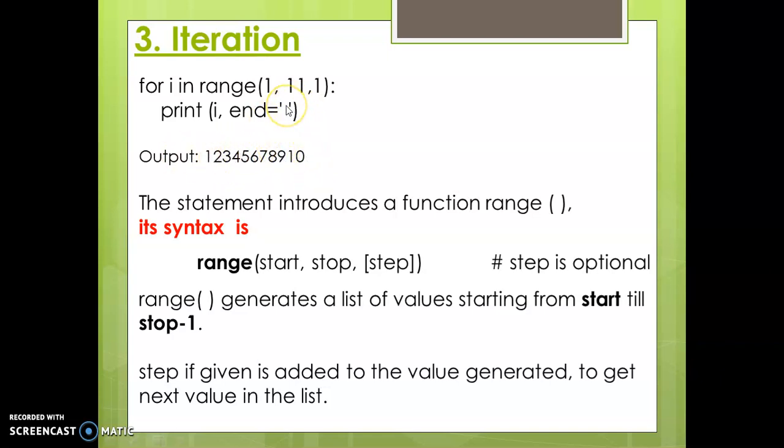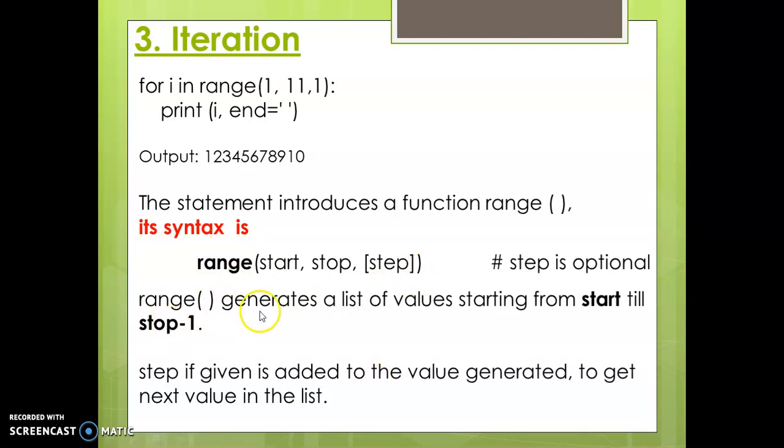If you apply \n here, it will print in a new line like 1 2 3 4. And the statement introduces the function range. In range, 1 is the start part, stop 11 is the stop part, and step can be 1 2 3 4 5, any step you can give. This is optional, you can use it or not.